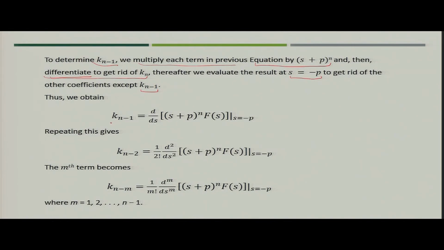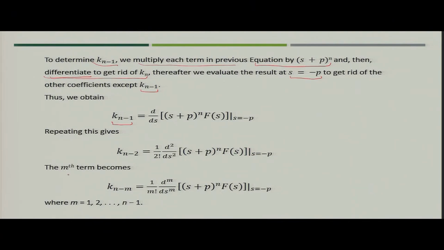So, K_(n minus 1) is nothing but d by ds of (s plus p) to the power n F(s), and the whole expression is evaluated at s equal to minus p. Similarly, for the others you can calculate. For K_(n minus 2), it will be 1 upon 2 factorial times d squared by ds squared, the second order derivative of (s plus p) to the power n F(s), evaluated at s equal to minus p.